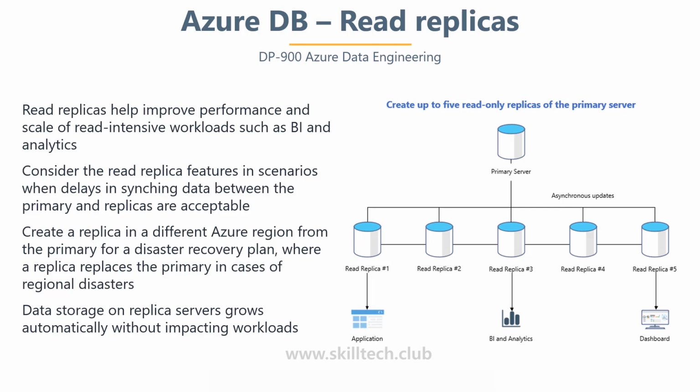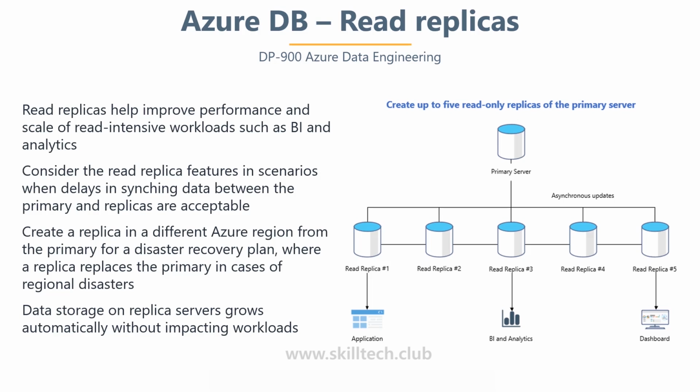You can also create a replica in a different Azure region from the primary, which is going to give you an additional advantage of disaster recovery, where one replica is going to replace the other one. So if suppose your primary replica is actually down, then automatically one of the read replicas, which is in the nearest region, will become the primary, and then you can get rid of your disaster actually.